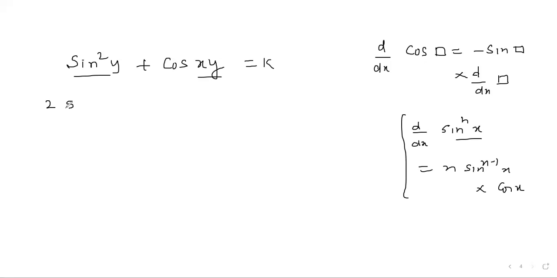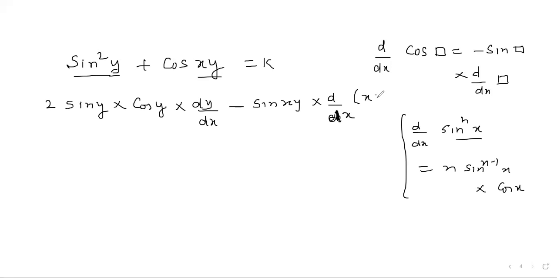It will become 2 sine y into differentiation of sine y, that will be cos y, and since it is a function of y, we have to write dy by dx, plus cos will give minus sine xy times d upon dx of xy, and d upon dx of k, which is constant, is 0. Now here we apply product rule. And 2 sine y cos y equal to sine 2y.